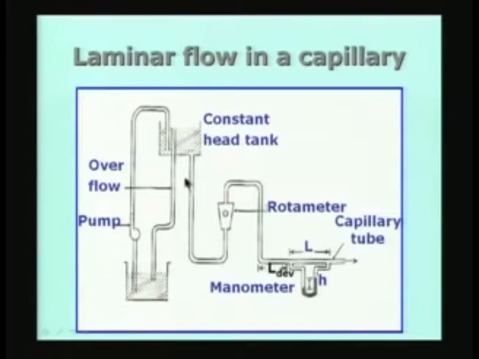One way of doing it is to have an overhead tank at a suitable height, which can be changed by shifting it up or down as is required, and you supply through a pump water or whatever liquid we want to measure the viscosity of, that is circulated through this, and the excess fluid drains back to the sump through an overflow arrangement.